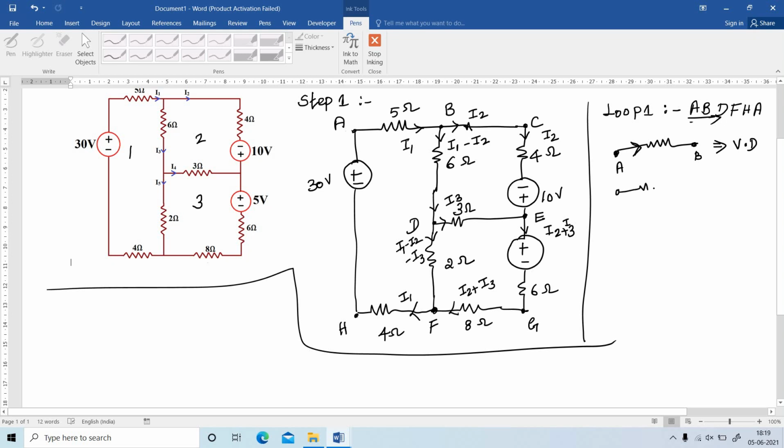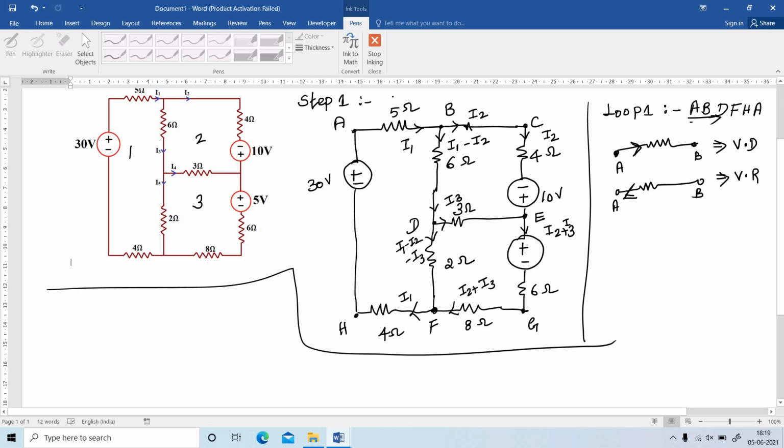If the branch direction is opposite to the loop direction, for example A to B is the loop direction but the branch direction is from B to A, I have to take this as a voltage rise. These two rules you have to consider to write the equation using KVL.